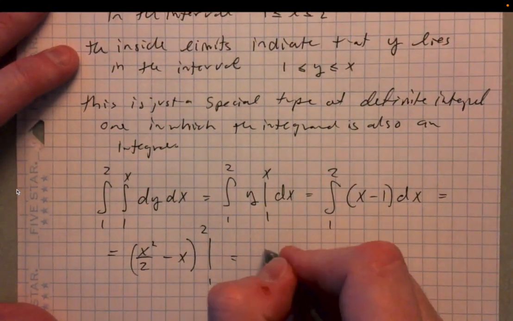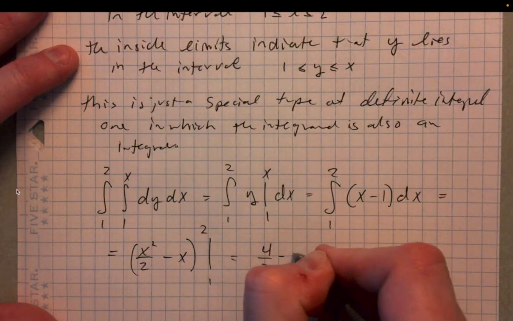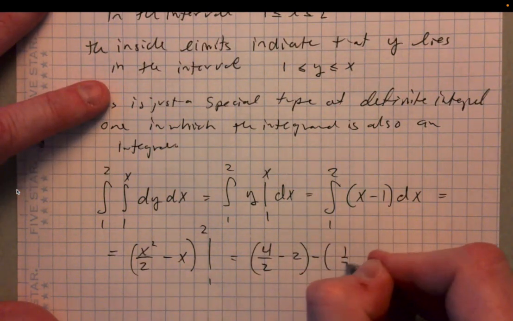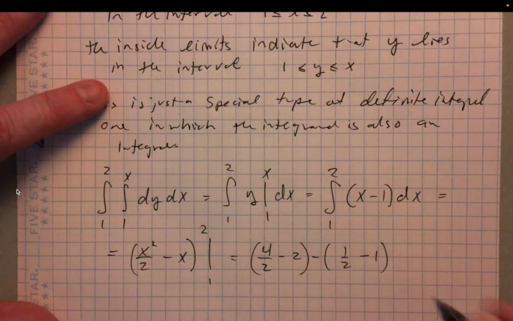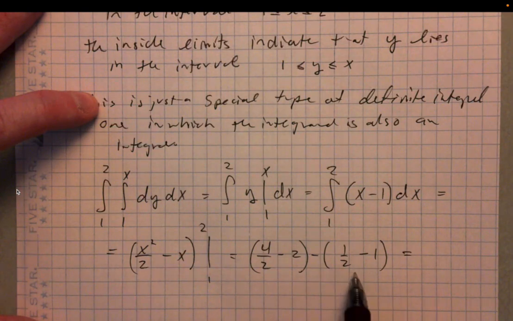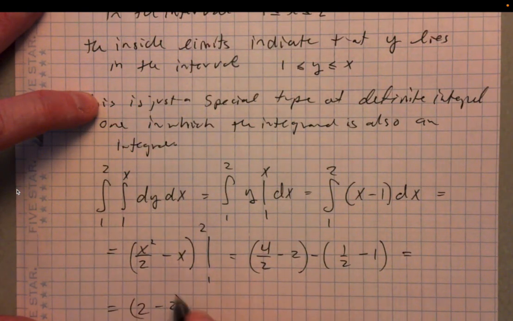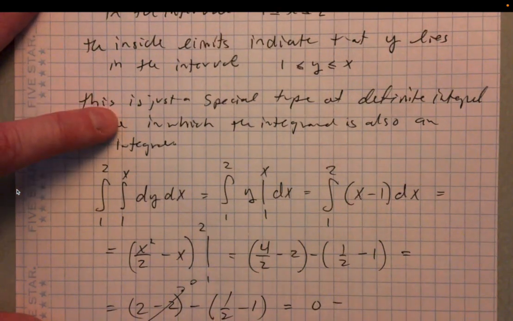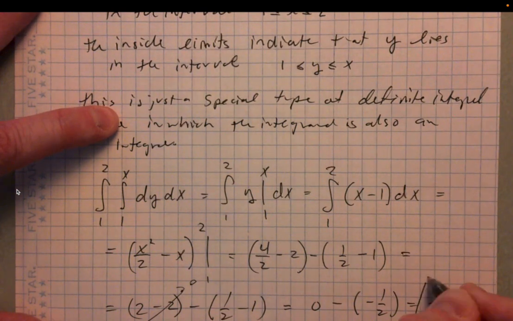And so what would you get? You'd get 4 over 2 minus 2, minus 1 over 2 minus 1. So 2 minus 2 minus 1/2 minus 1. So you get a 0 here, 0 minus negative 1/2, so 1/2.